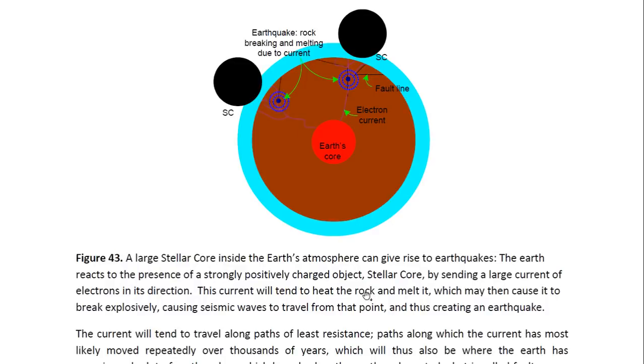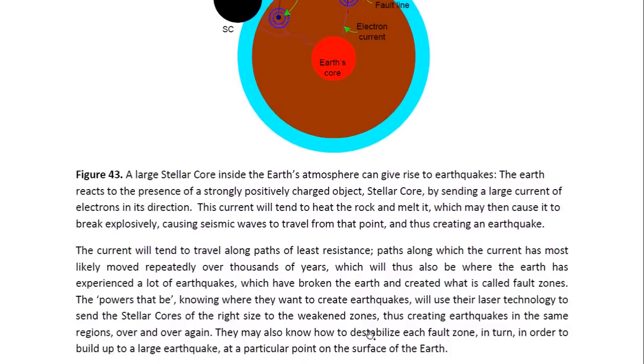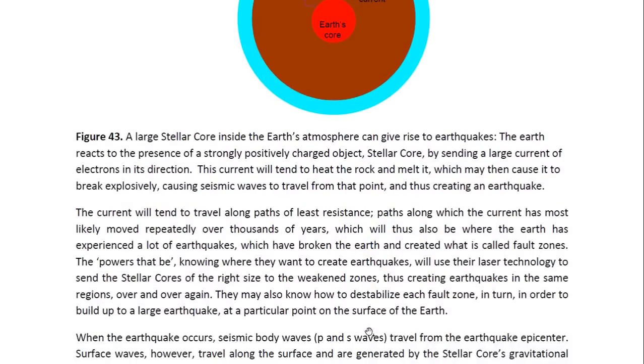An earthquake occurs. So the current will tend to travel along paths of least resistance, paths along which the current has most likely moved repeatedly over thousands of years, which will thus also be where the Earth has experienced a lot of earthquakes, which have broken the Earth and created what are called fault zones.